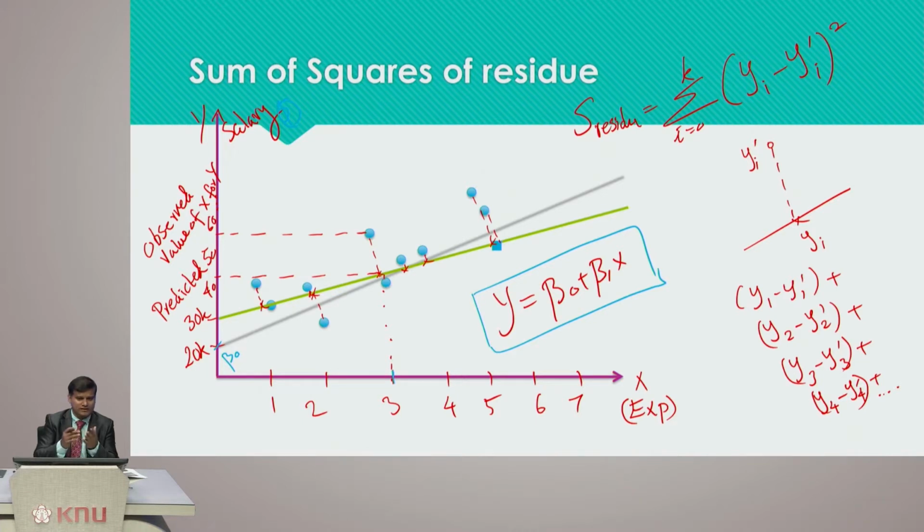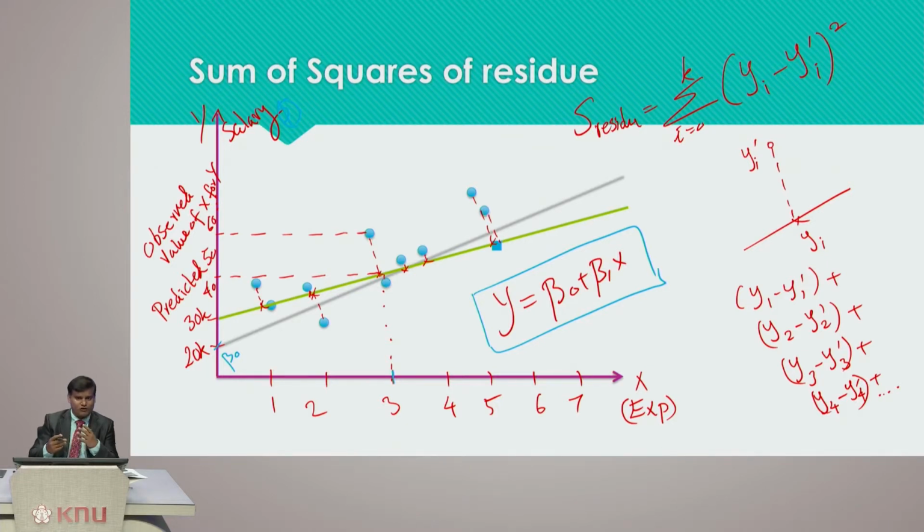That's the difference between the predicted value and the observed value. In the same way, at various stages you have both predicted and observed values.